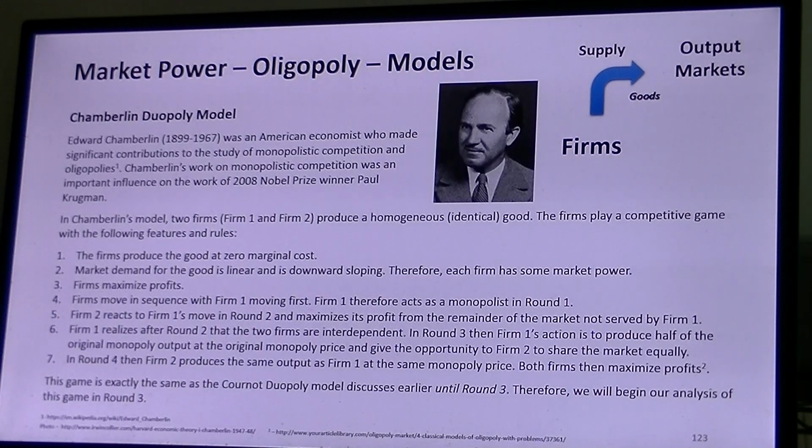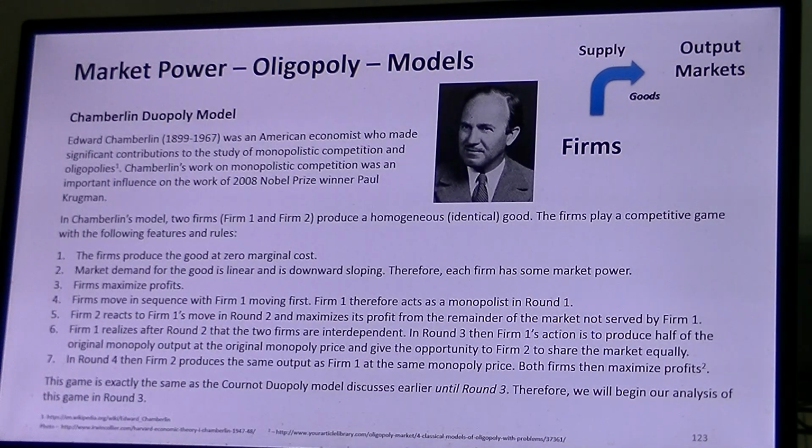The important thing to remember is that in real oligopolies, firms do know what other firms do. They watch other firms, and they react to them. So the Chamberlain duopoly model is more realistic and tells us a little more about how the real world works.